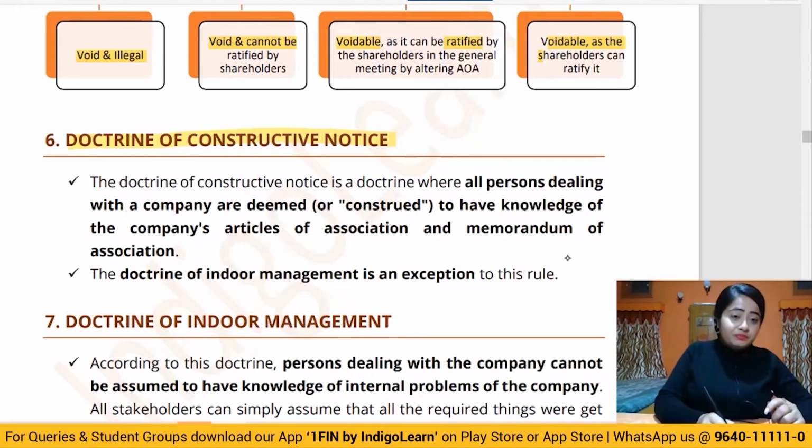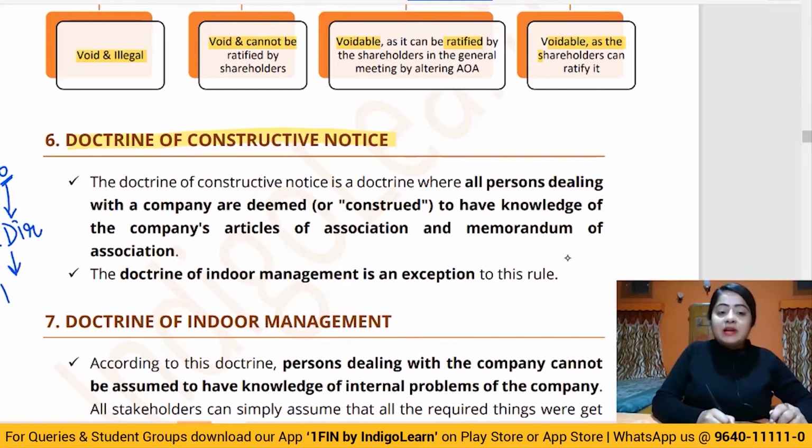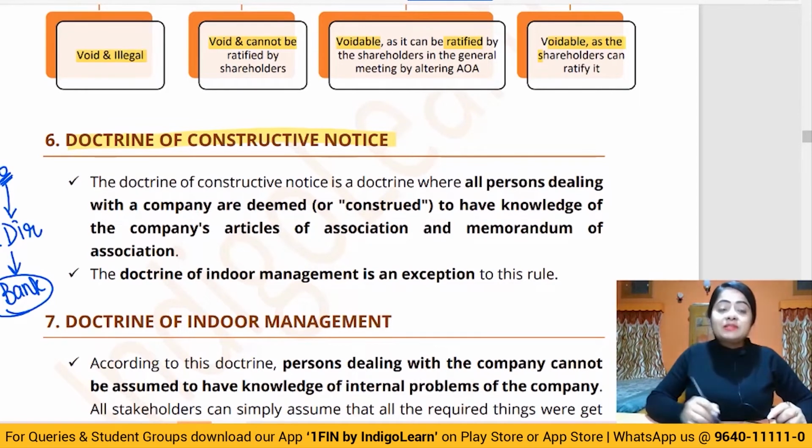Let's take an example. Suppose we have a company. Now in the Articles of Association of the company, it is stated that if the company wants to borrow any money, 2 directors should go and borrow the money. Now, from the side of the company, let's say only 1 director goes to the bank to obtain a loan. The bank gives the loan to that 1 director on behalf of the company. Later on the company fails to repay that loan. The bank told the company to make the payment of this loan.